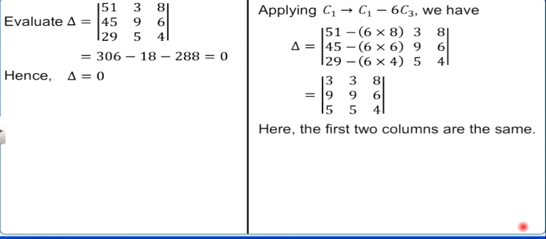Now, by property 3, if two rows or columns of a determinant are identical, then its value is 0. Observe that either way, the result is the same. But with the help of properties of determinants, it can be simplified more easily.